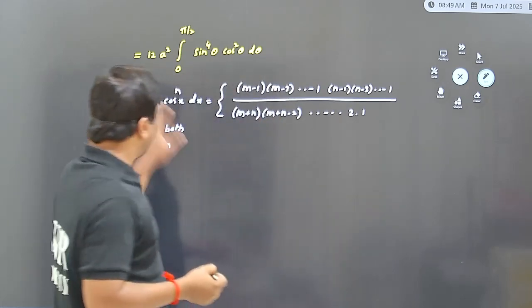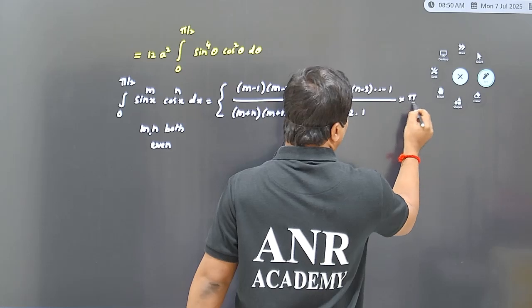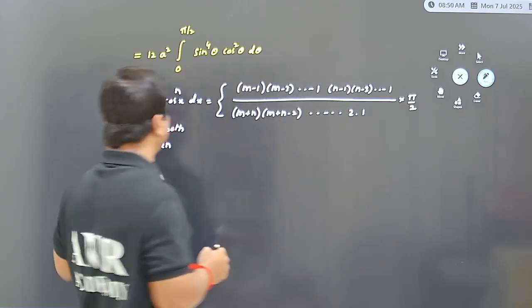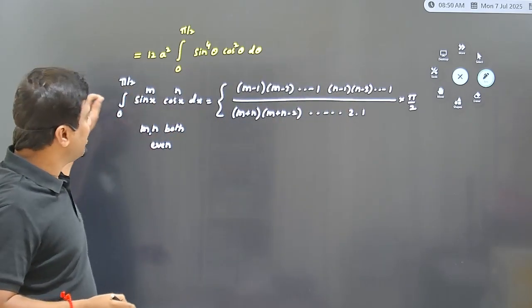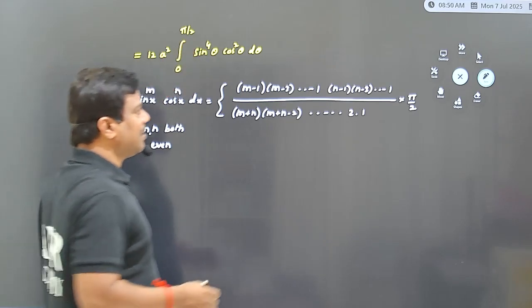Due to m, n even numbers, you have to multiply with pi by 2. Actually, this is the reduction formula. Using this reduction formula, you can write the integral value of this function.